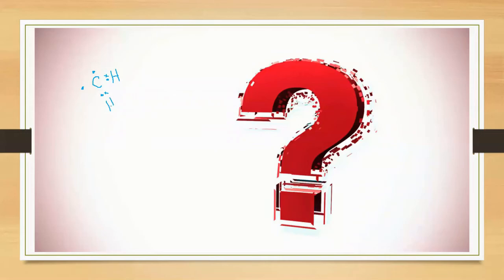Here the cross is the electron of hydrogen and the dot is the electron of the carbon atom. All the bonds are single bonds because in each bond there is only a pair of electrons which comes equally from hydrogen and carbon.